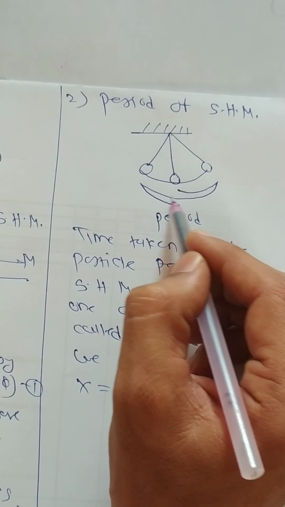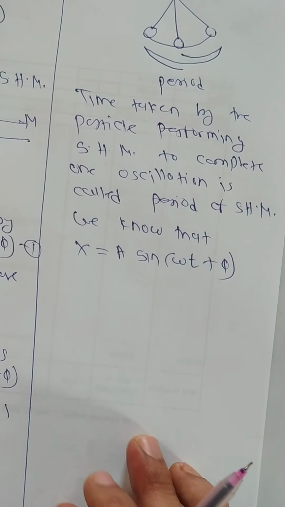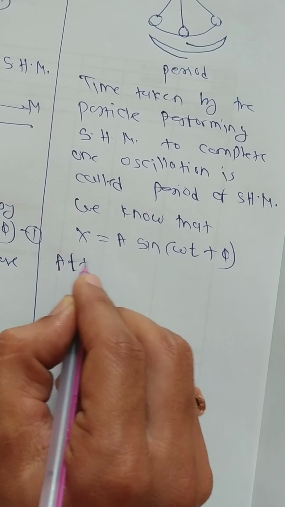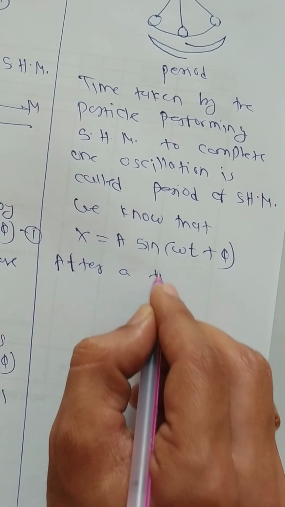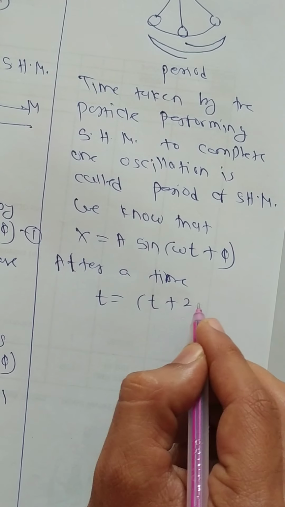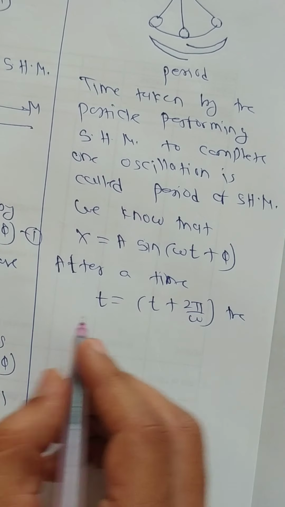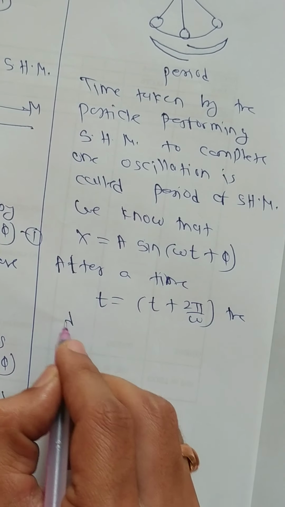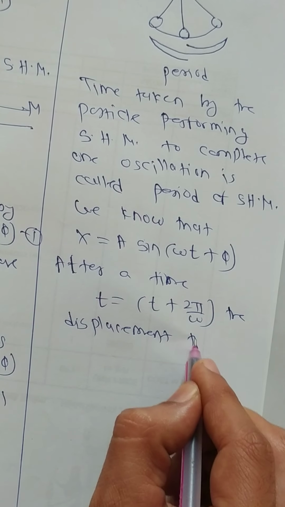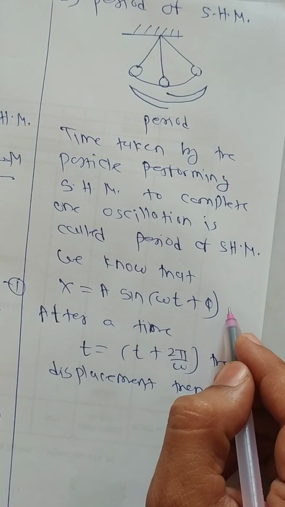So from mean position to mean position, it will take some time. I will consider that time in terms of pi. So after a time t is equal to t plus 2 pi upon omega, be the displacement. Then we have to put this value of t in this equation.